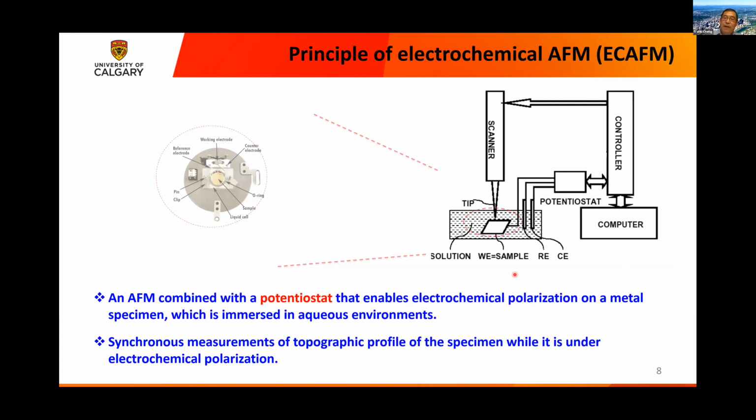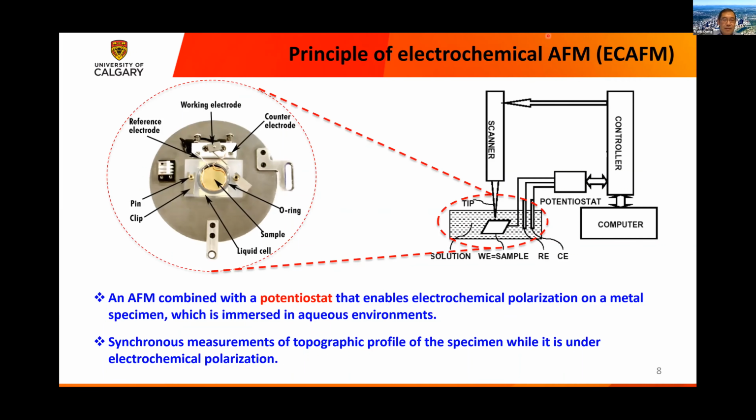Because it is at a very small scale, the setup of the electrochemical measurements is very challenging. In a very small area, we need to set up the typical electrodes in order to perform the electrochemical measurements, and we need a very careful person to set up the experimental testing facility.